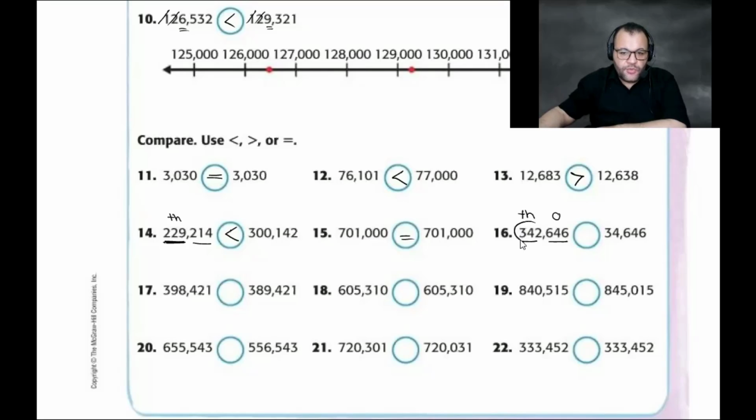So we read the number, then we read 1,000, then read the other part. 342,000 and 646. Perfect. Put greater than or smaller than or equal.